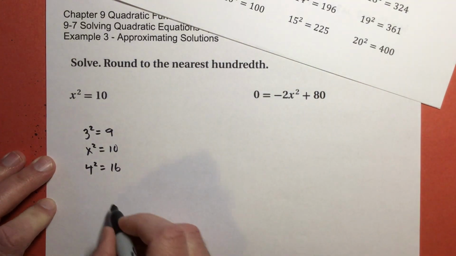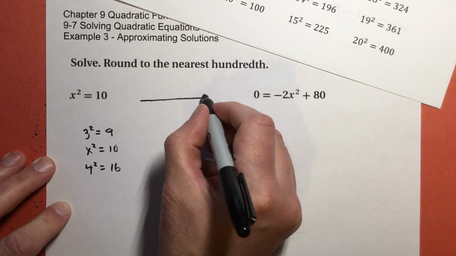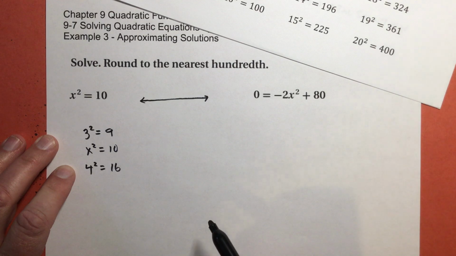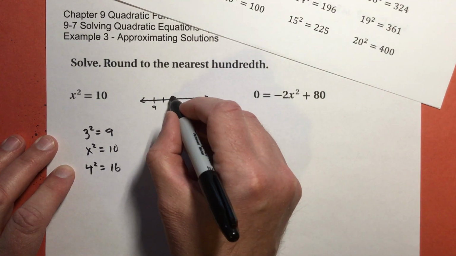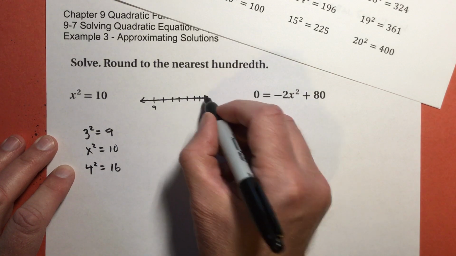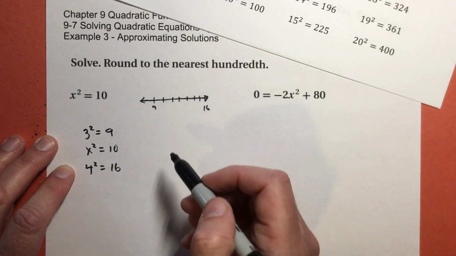And if I drew this on a number line, I'll put my number line right here. All right. So if I do 9, 10, 11, 12, 13, 14, 15. Oh, I didn't draw enough. 16. I'll squeeze it in right there. Made this too wide.